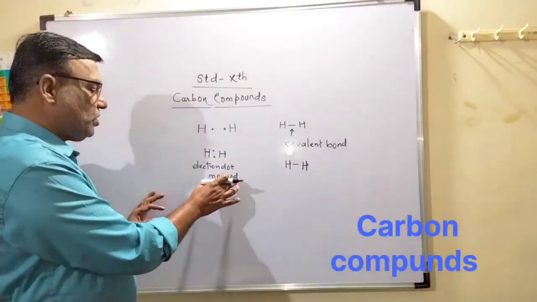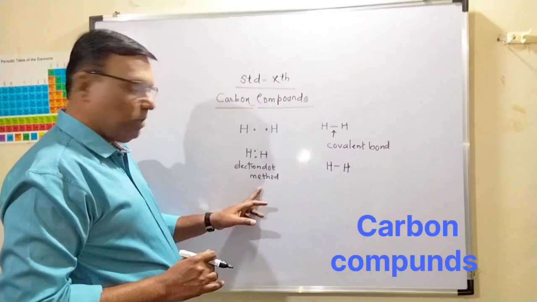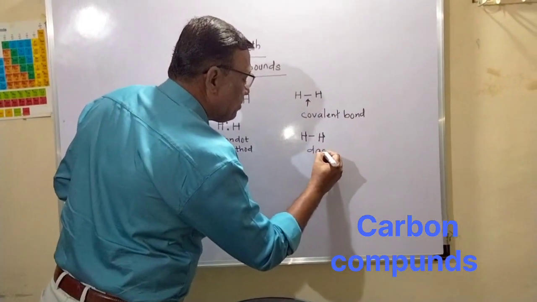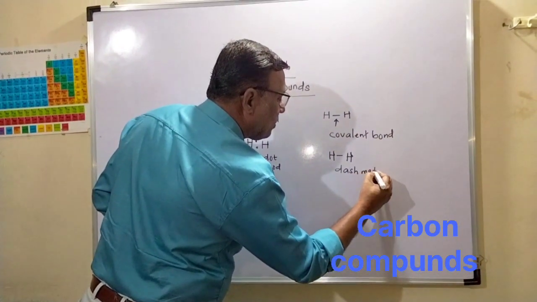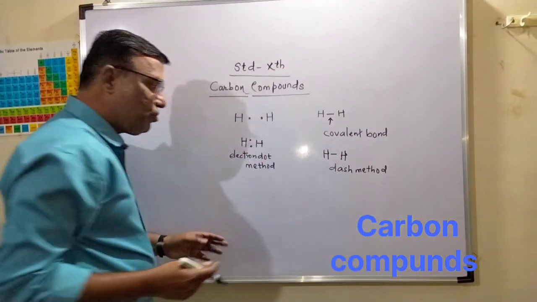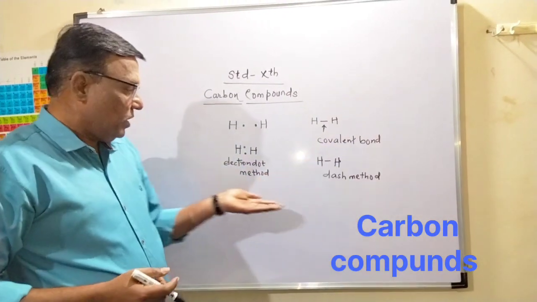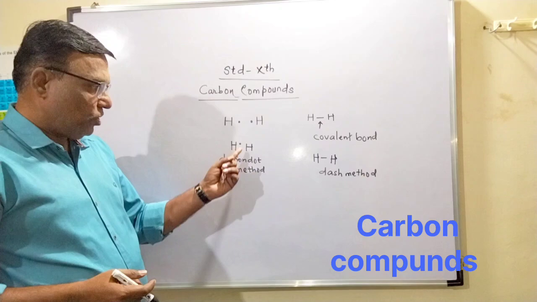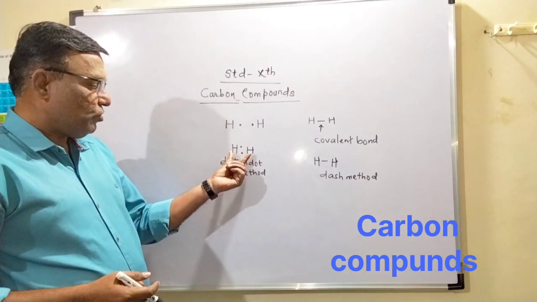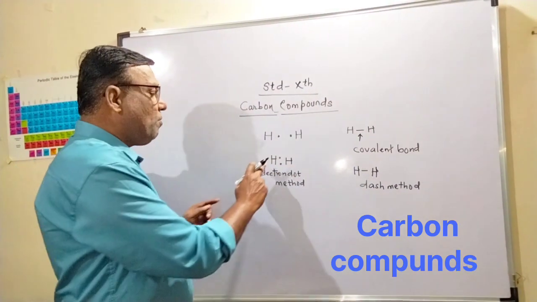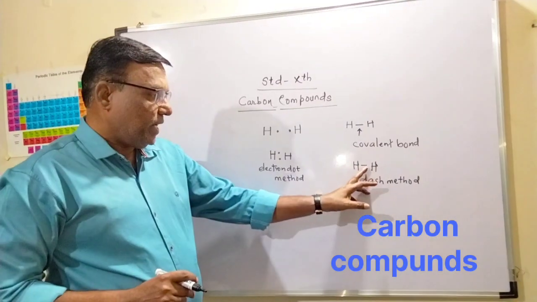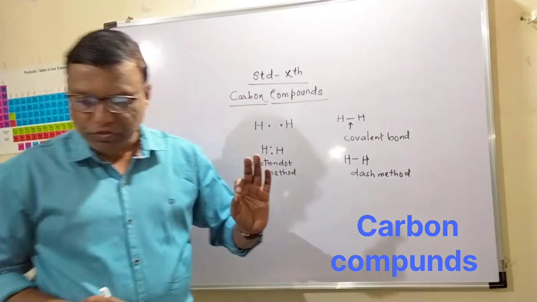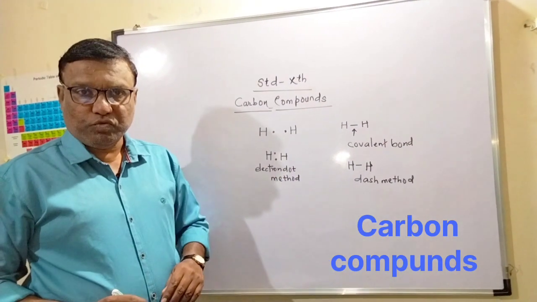This is the electron dot method, and this is the dash method by which we can show a covalent bond. The electron dot method shows that a covalent bond is formed between two hydrogen atoms, and one dash also shows a covalent bond formed between two hydrogen atoms. So first we have to show this.